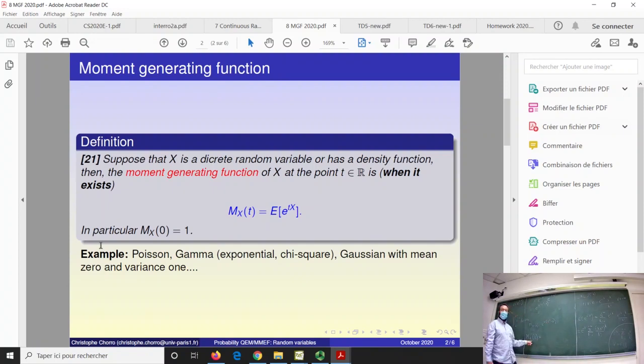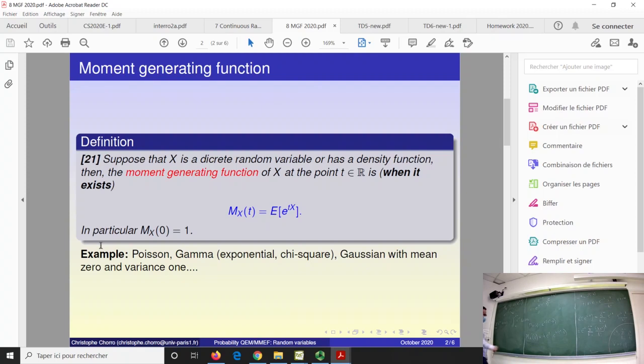So if I compute the derivative of this one, I obtain lambda exponential t multiplied by exponential lambda times exponential t minus 1. U prime times exponential u.